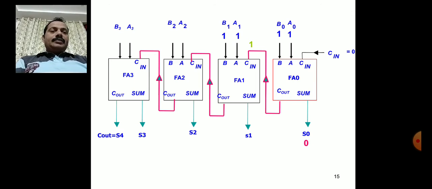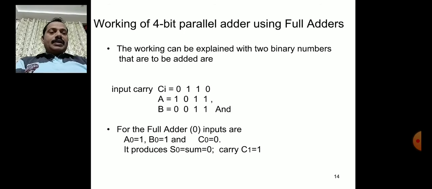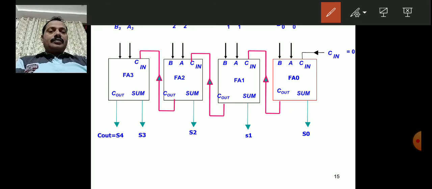Next bits are A1 B1 equal to 1 1, because in our example we have taken these numbers.